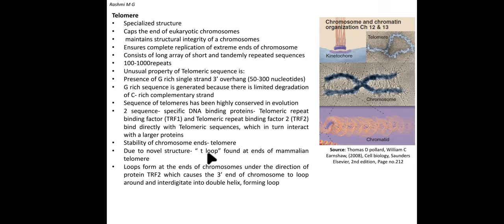A novel structure, the T loop, is found at the ends of mammalian telomeres. Loops form under the direction of TRF2, which causes the 3' end of the chromosome to loop around and interdigitate into the double helix, forming a loop. Here you can see the image of telomere.